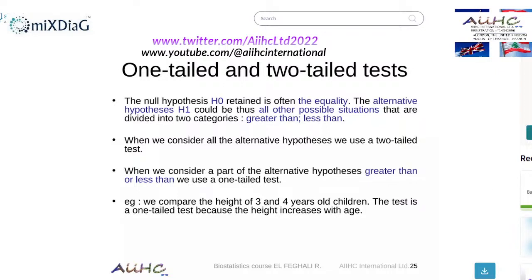One-tailed and two-tailed tests. So it's also, we need to turn back. In fact, one-tailed is whenever you are comparing just the difference between two groups' ages. So we are saying the assumption is that the ages are different, neither bigger nor higher.